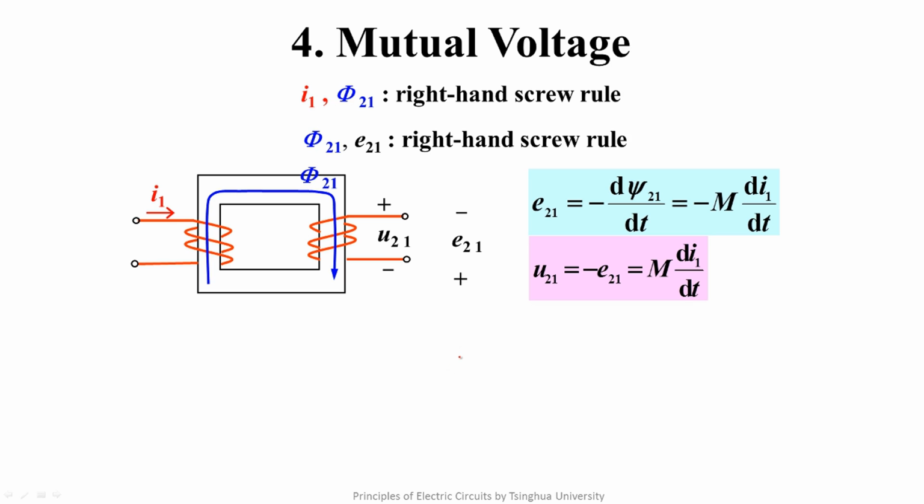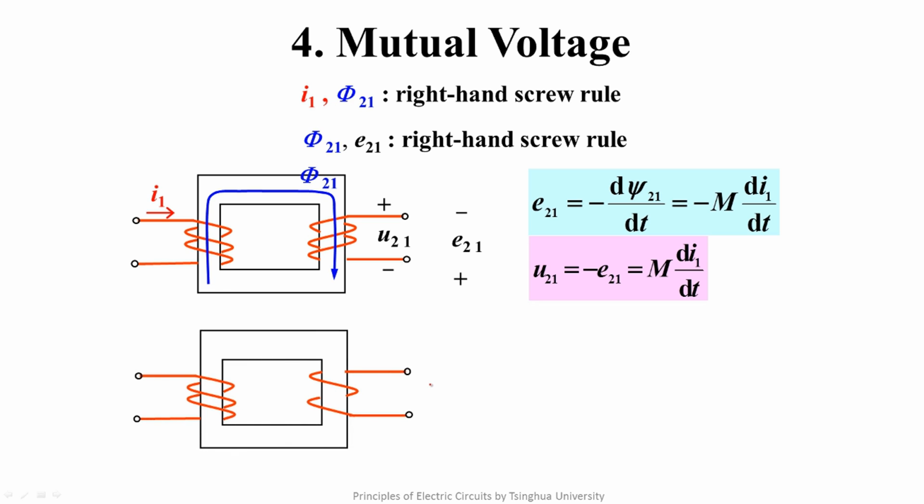So far, it looks almost identical to the previous derivation of the inductance, but what if we change the winding direction of the coil on the right side? You see? Similarly, according to the right-hand rule, the current generates magnetic flux in the clockwise direction.